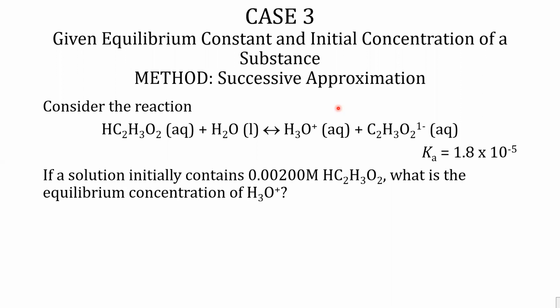The problem is HC2H3O2, aq, plus H2O at equilibrium forms H3O plus and C2H3O2 minus, where Ka equals 1.8 times 10 to the minus 5. If a solution initially contains 0.00200 M HC2H3O2, what is the equilibrium concentration of H3O plus?